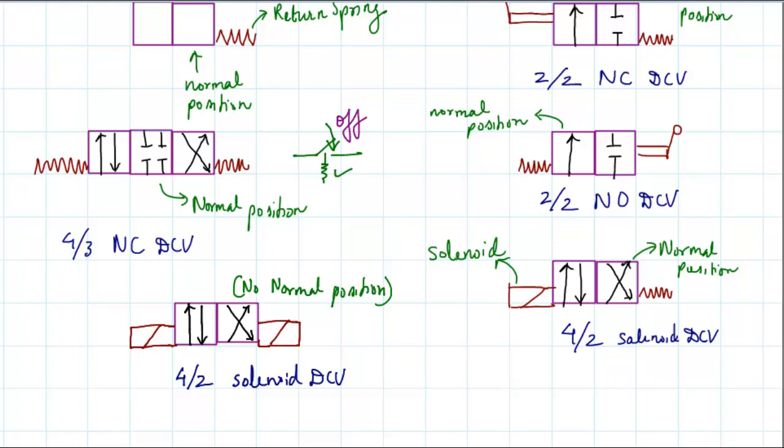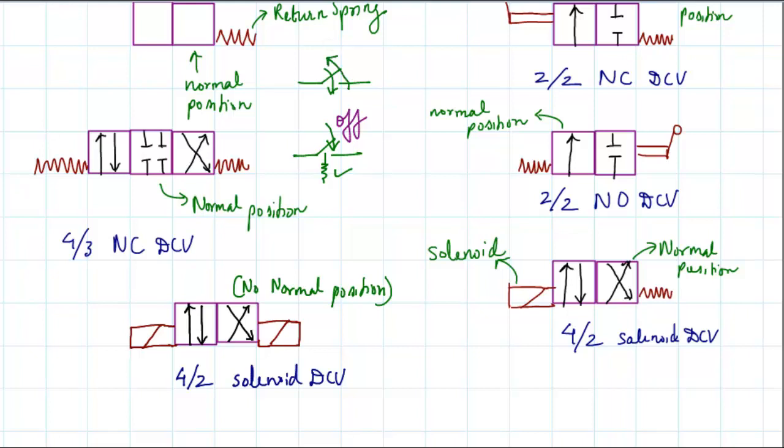Now if you look at a normal switch, let's say a switch that is operating a light, what is the normal position? The normal position cannot be said to be off, neither can it be said to be on, because that is based on your interest. If you want to make it on, you will press the switch, and when you want to make it off, you will press it in such a way that the switch becomes off.